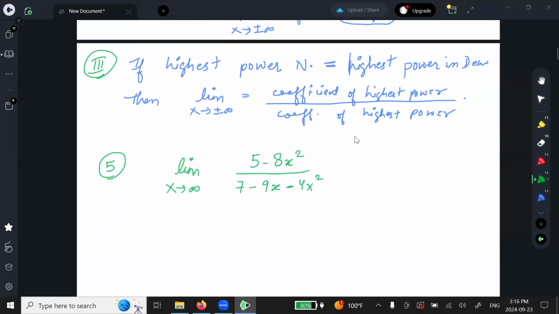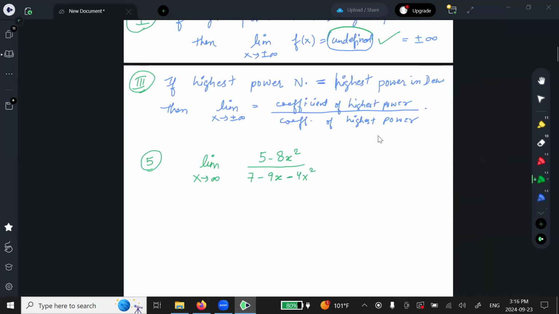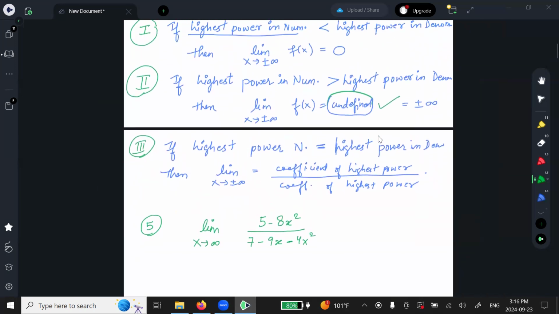Which rule can you apply? Let me just zoom out and tell me which of the following cases work. Look at the highest power in the numerator, look at the highest power in the denominator. Which one is greater? They are the same, right? So which rule?